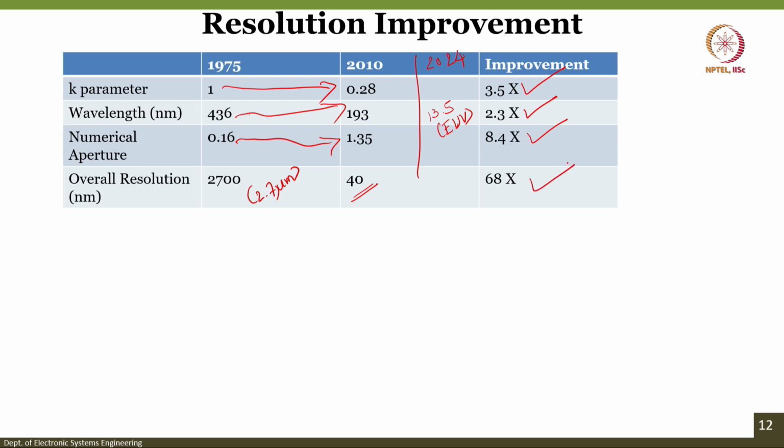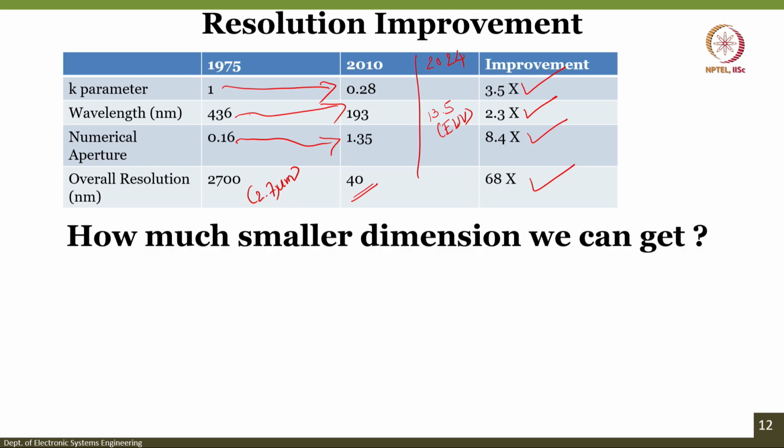So this is a good realization of which driving factors let us get this. How much further smaller we can get, you have to decide and check how we do that.